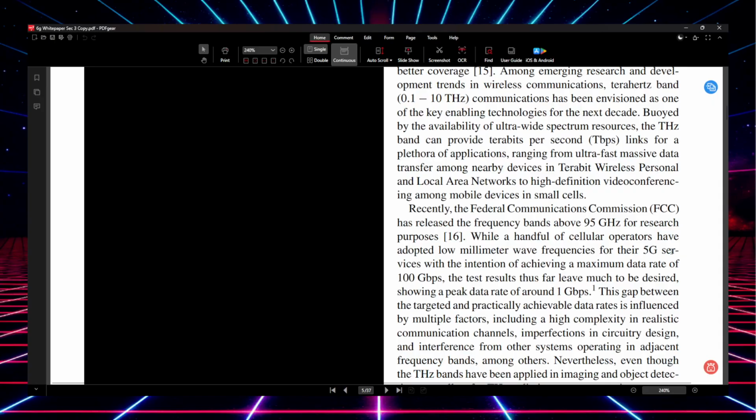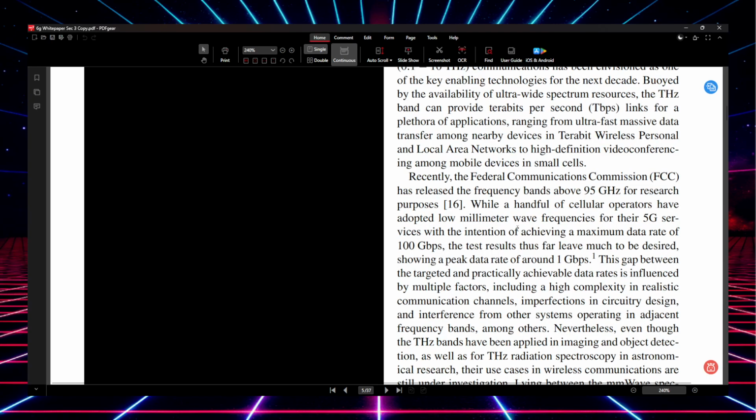Recently, the Federal Communications Commission has released the frequency bands above 95 gigahertz for research purposes, while a handful of cellular operators have adapted low millimeter wave frequencies for their 5G services with the intention of achieving a maximum data rate of 100 gigabits per second.